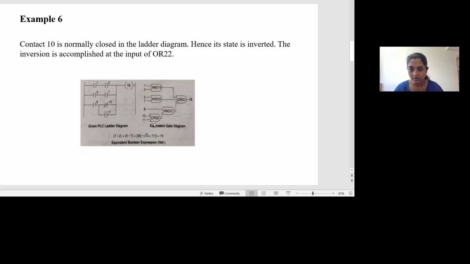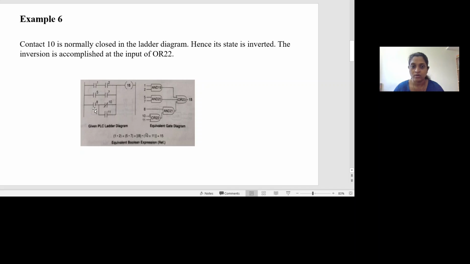So I have an OR gate here, OR 22. Here I have considered 10 and 11. For contact 10, it is normally closed. Hence, in the logic diagram, the input 10 is bubbled, and then applied as input for the OR gate.